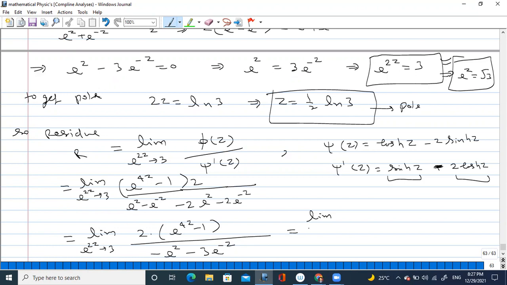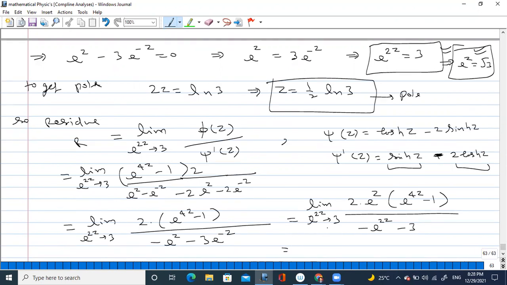So it will become limit e to the power 2z tending to 3, it will become 2 into e to the power z, e to the power 4z minus 1, divided by minus of e to the power 2z, because e to the power z you multiply in numerator and denominator also, and it will be minus 3. Now in place of e to the power 2z I will write 3, and in place of e to the power z I will write under root 3.